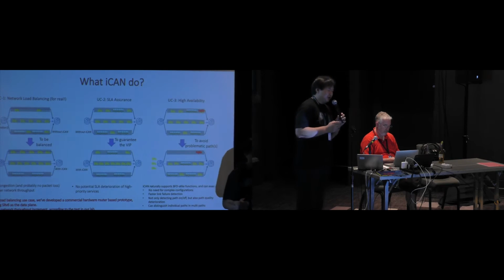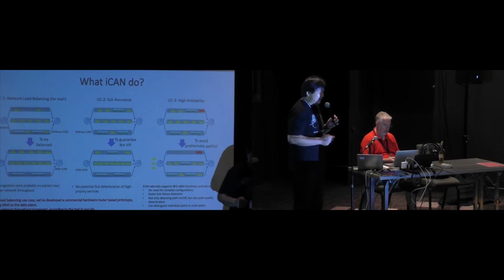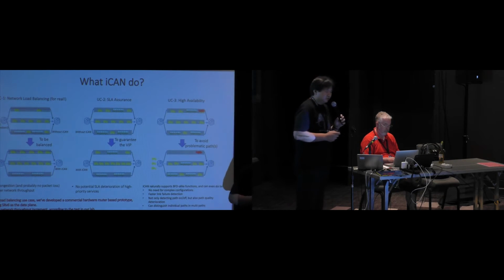So with the ICAN technology, we can provide guaranteed network load balance in real time, millisecond level, as well as SLA assurance and high availability. These actually share the same core technology, but with different purposes.